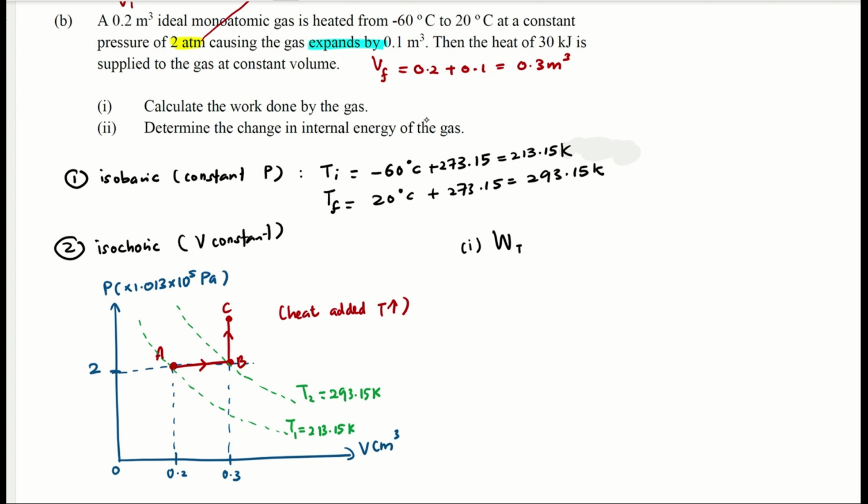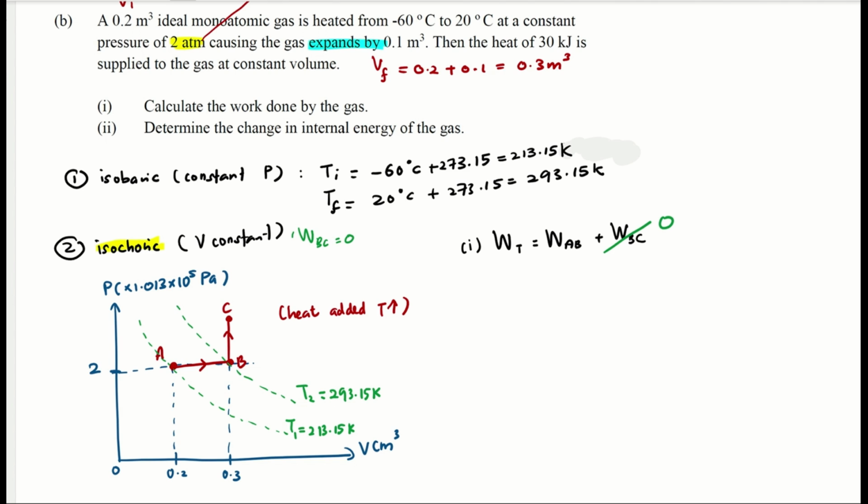So W total, work done for process A to B plus work done from B to C. Jadi untuk isochoric process, always remember, W from B to C is equal to 0.